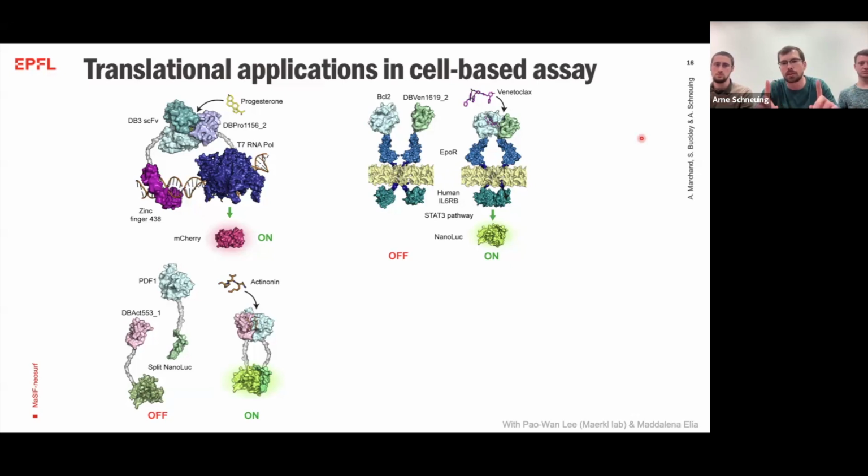So you fuse each of your interacting proteins to parts of this split luciferase. The split luciferase has a very low affinity to randomly reintegrate, so you won't get any luciferase activity randomly. But if you have two proteins that interact, yep.